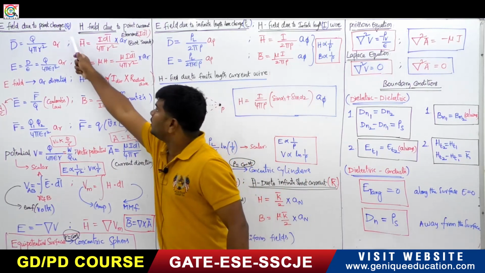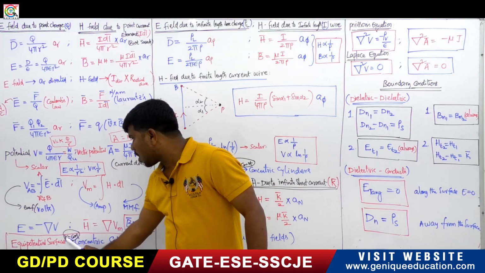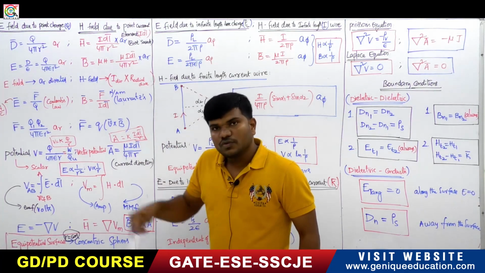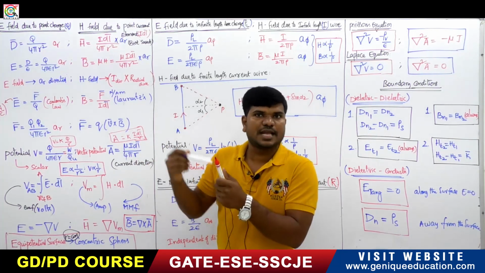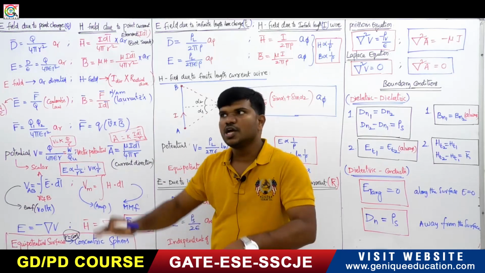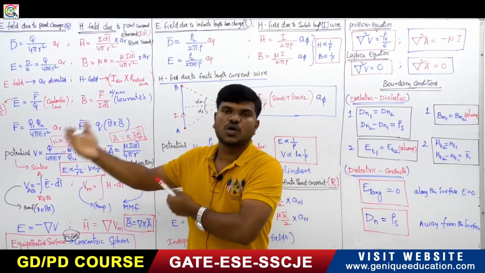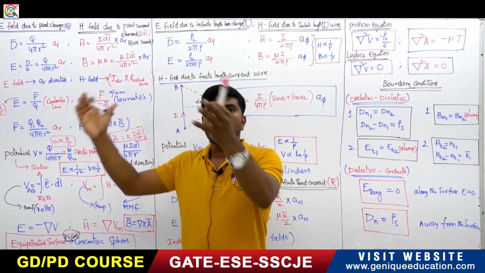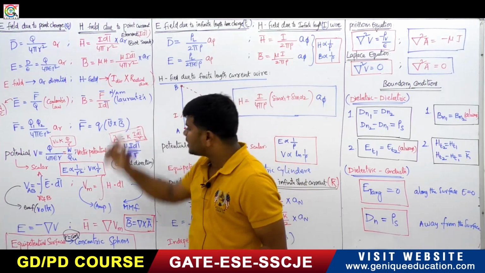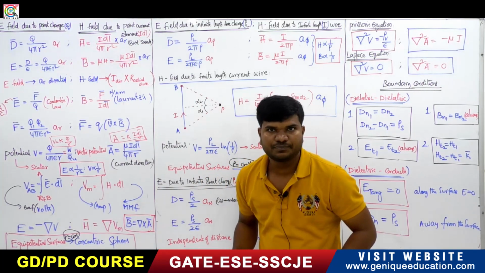For point charges, from the geometry, the locus of r equals constant surfaces gives you concentric spheres. So for point charges, the equipotential surfaces are concentric spheres.